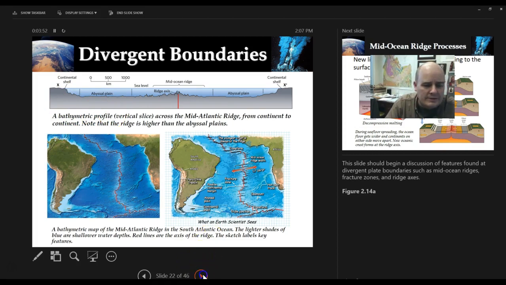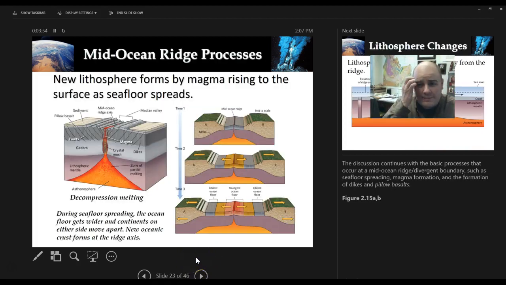So in the mid-ocean ridge, you have that material rising up, pushing up the crust, and starting to form different kinds of features. On the bottom, it's the lithosphere here. Then you have the gabbro. If you remember in our igneous rocks, gabbro is intrusive mafic material. Now remember, the asthenosphere is ultramafic, just because it's denser.